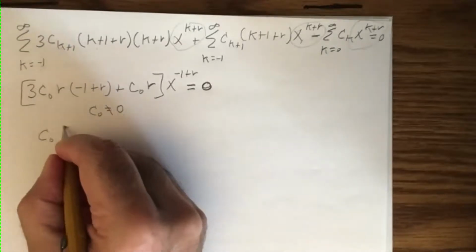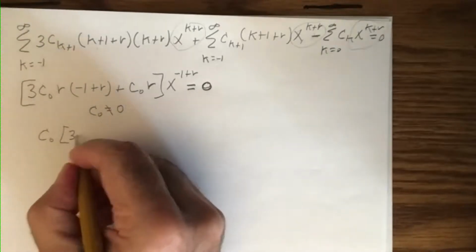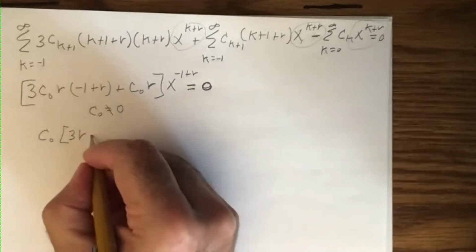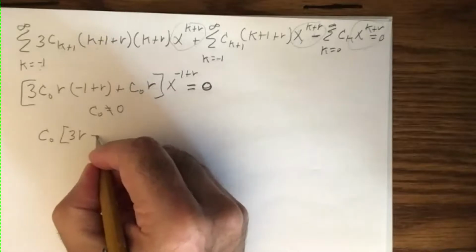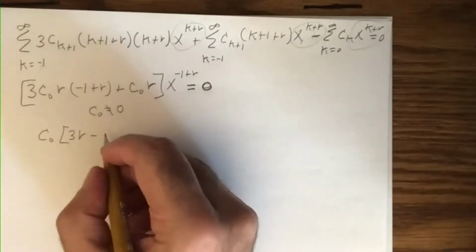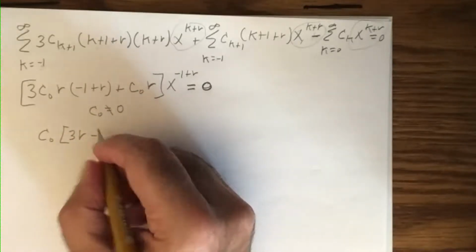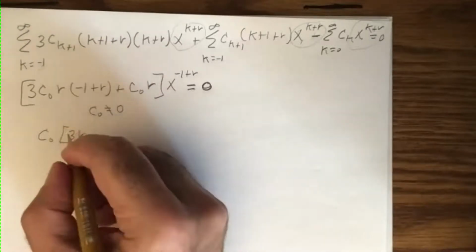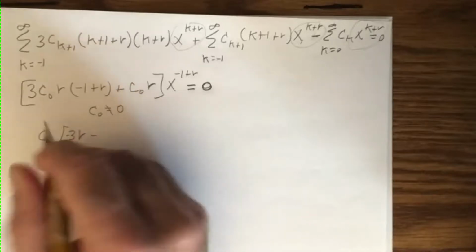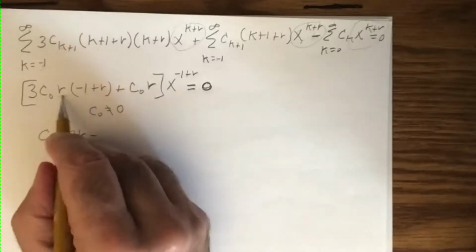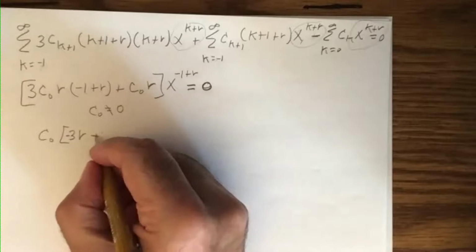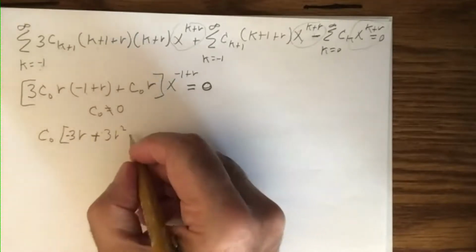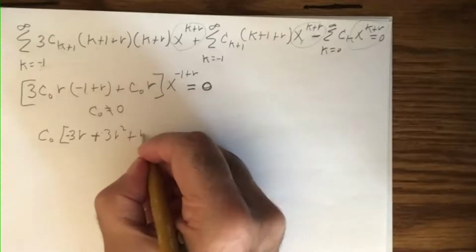I can write this as 3r minus this times this, so this is going to be minus 3r, then this times this is going to be plus 3r squared plus r.